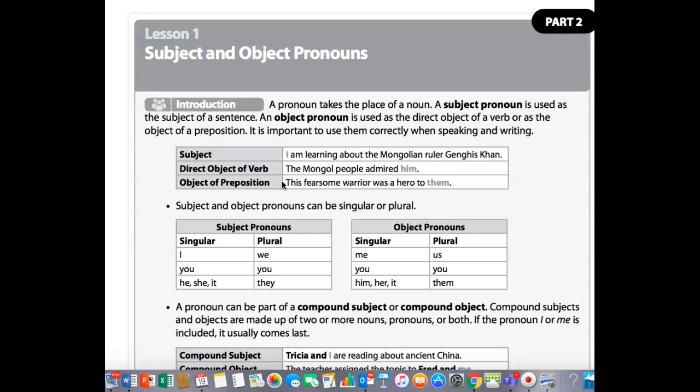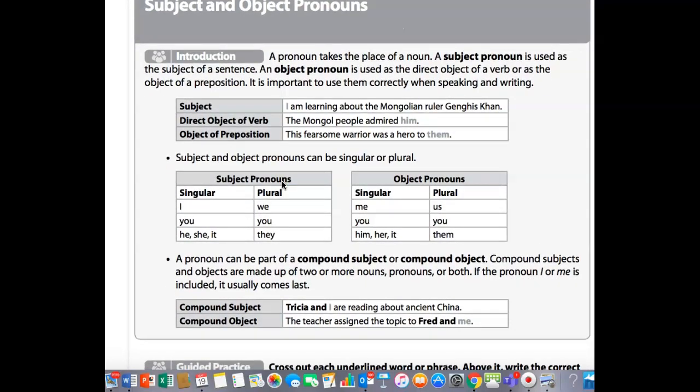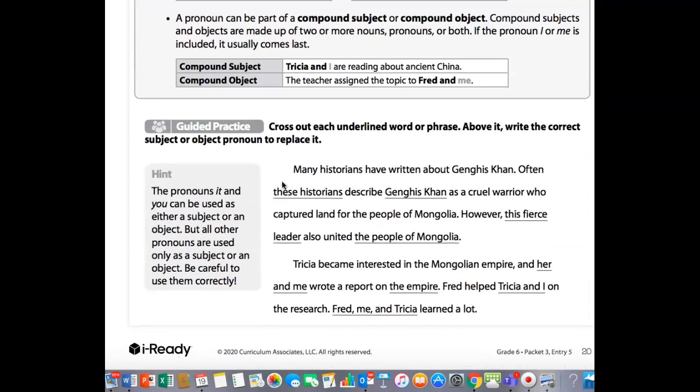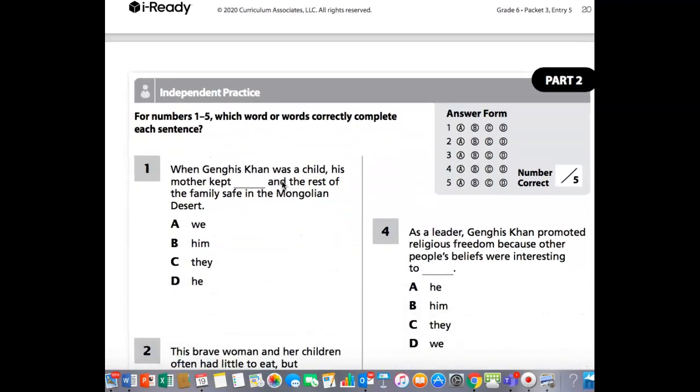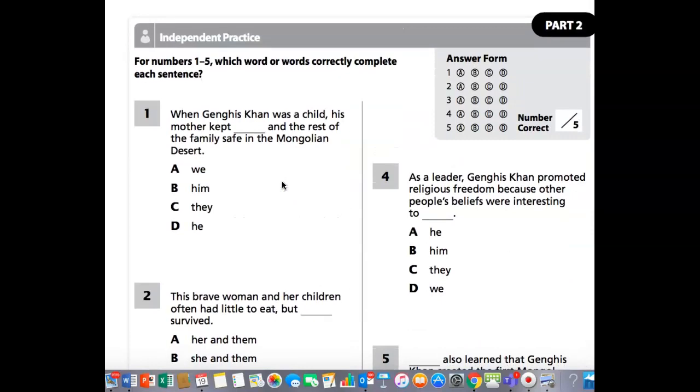So I know Miss Allen's going over this with you or has gone over it with you. So I won't go over this whole page. We're going to go ahead and go to the independent practice, which is on 21. And I'm going to read those and we're going to talk about them.